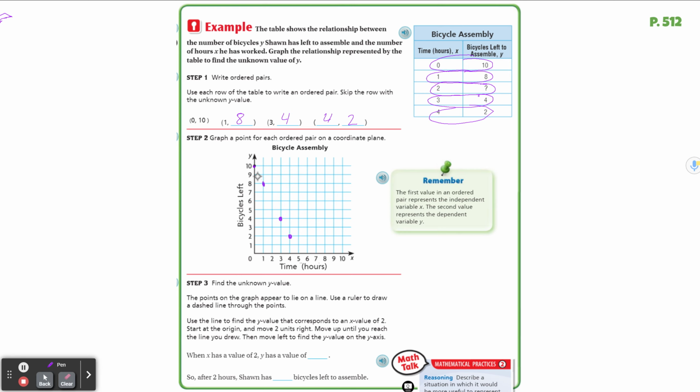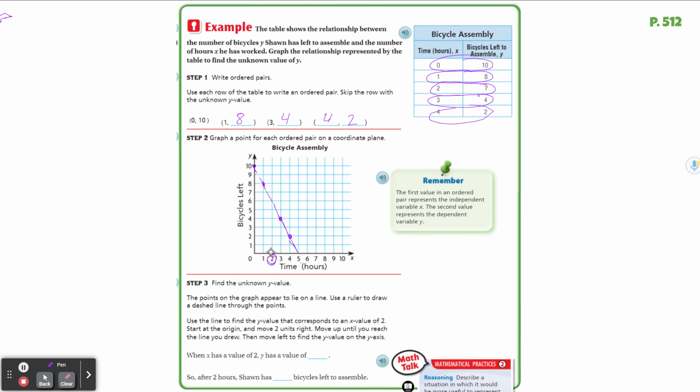So one way I could do this is looking and seeing where the line would go. So if I was to draw a line to connect all of these dots, and I'm going to do my best to make it straight, I'm going to draw my line to connect them and see where would it land in my 2 hours.